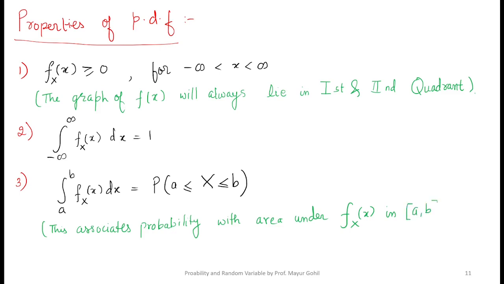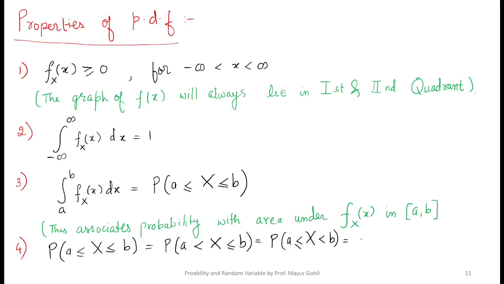Okay, another important property that I would like to mention here is the fourth and very important property. It says that the probability P of a less than or equal to x less than or equal to b is the same as the probability with a strict inequality on one side or the other, or with strict inequality on both.